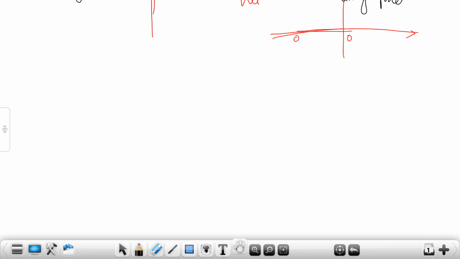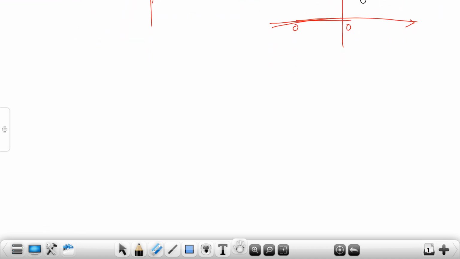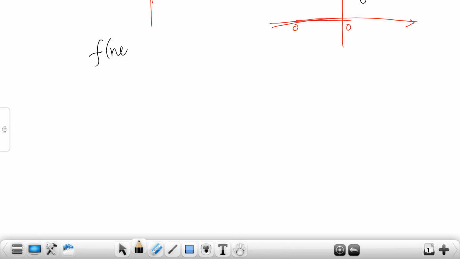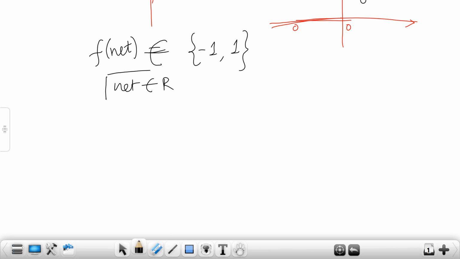If it is a continuous function, the value of net should belong to R, the set of real values.